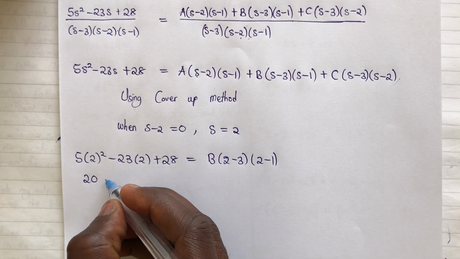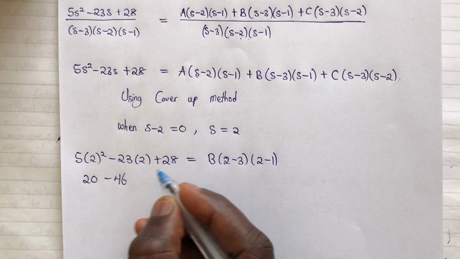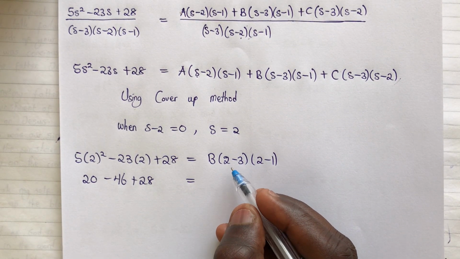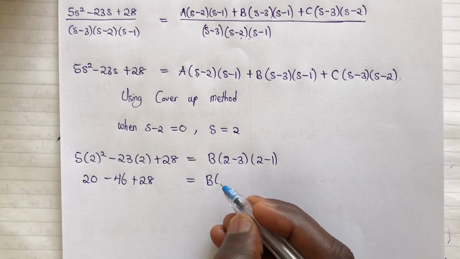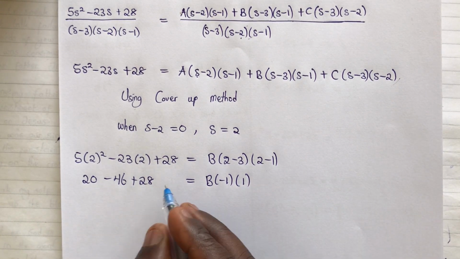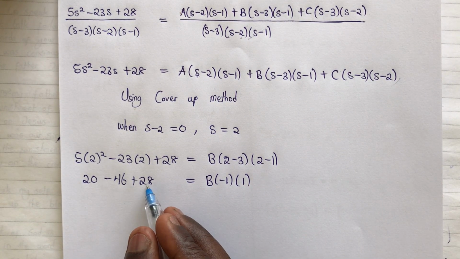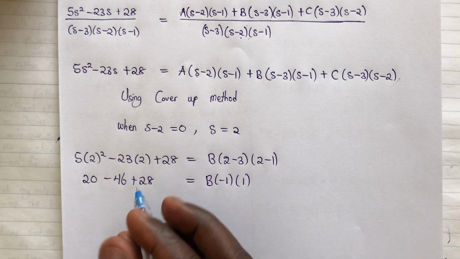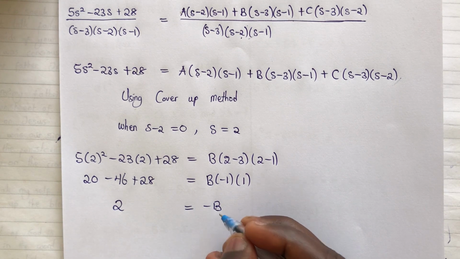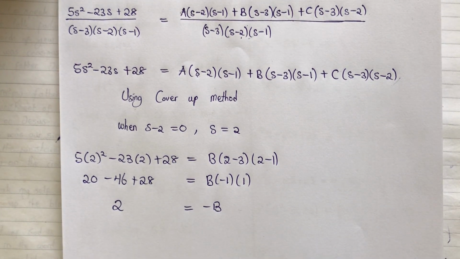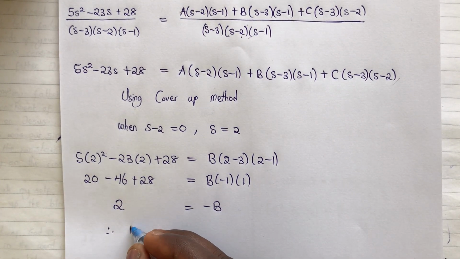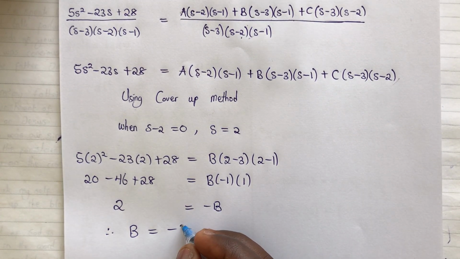Then minus 46 plus 28 equal to B into negative 1 times 1. When we add 20 minus 46 plus 28, we have 2, equal to minus B. So we are looking for B, so you divide through by negative 1. Therefore, B is equal to negative 2.